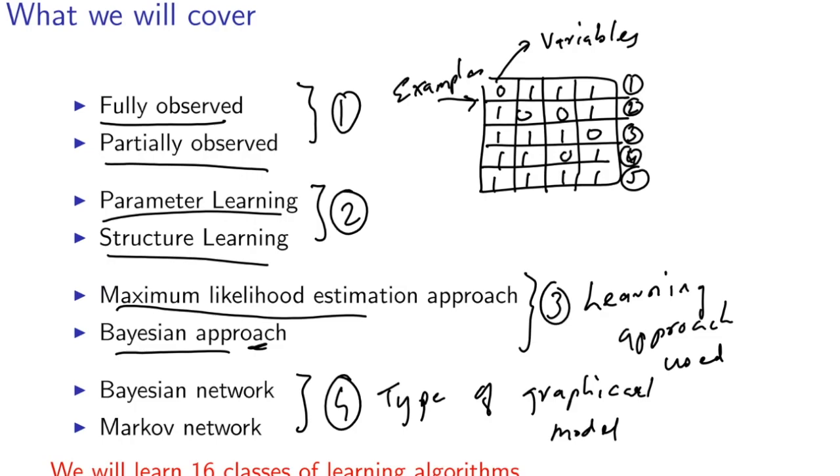Thus, if you see, we have 4 dimensions, and each dimension can take 2 values each, and therefore the number of combinations is 2 to the power of 4, which is equal to 16. That is why I said that we will learn 16 classes of learning algorithms in this course.